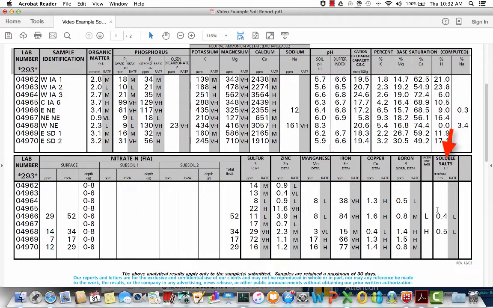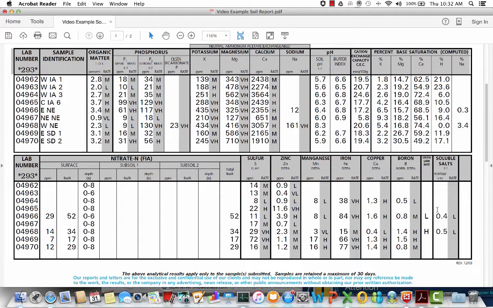Improving drainage, trying to move some of those salts out through the soil through better drainage, is one way to do that. Things to think about if you have high salinity: past manure application can do it. A lot of heavy fertilizer application or high salt fertilizer application could do it. You might look again at those sodium values. You might look a little bit at your irrigation water, if you're irrigating.